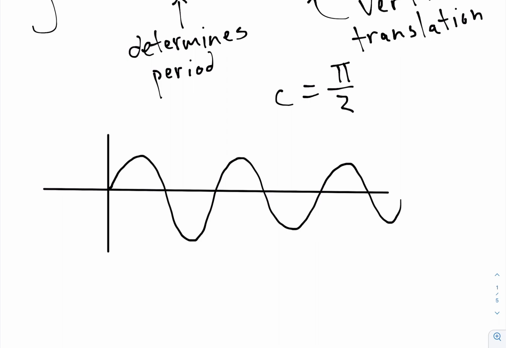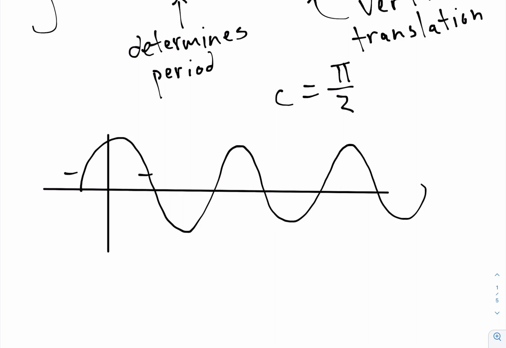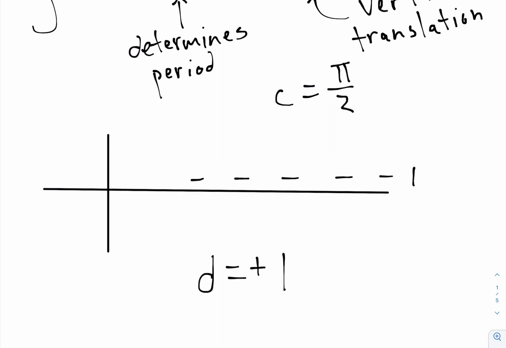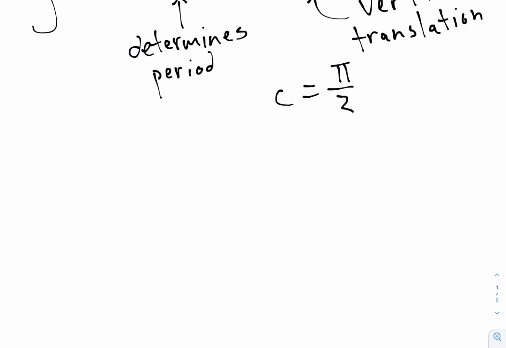But if the graph is shifted up, say we have a graph like this where the midline is at 1, then d is positive 1, because it's shifted 1 unit up. For every y value we had before, we're shifting it up by 1. If the midline is, say, -3, that means it's down here somewhere, so if we drew a line straight through the middle, the midline would be at -3. So we can determine d like that. That's an easy way to determine it.